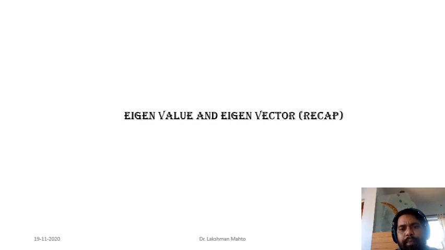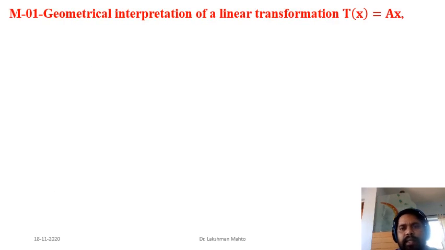So coming to the recap, in the last class I had told that there are many geometrical or linear transformations that we had already seen. In those geometrical operations or transformations, you observe that a few vectors are not changing direction after applying the transformation.